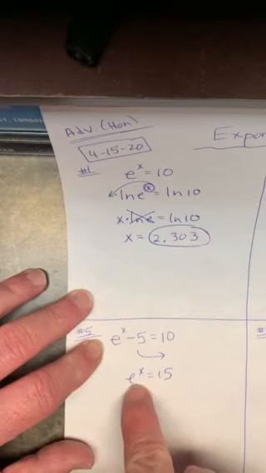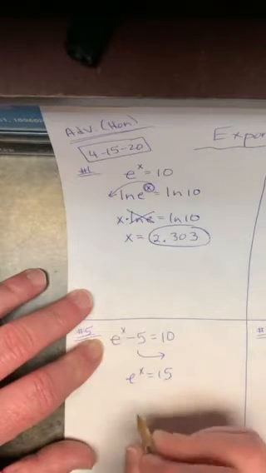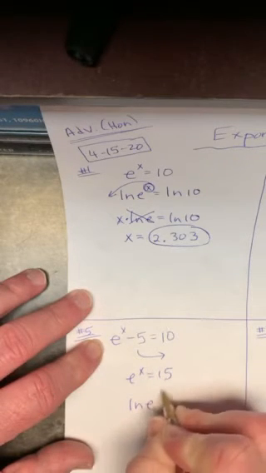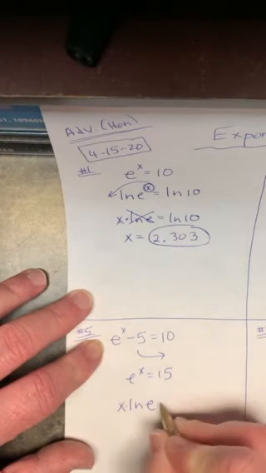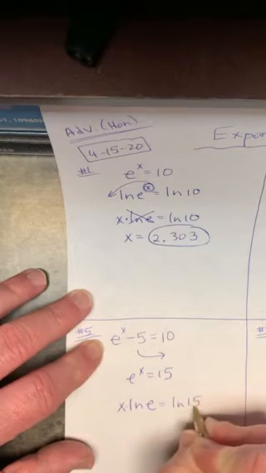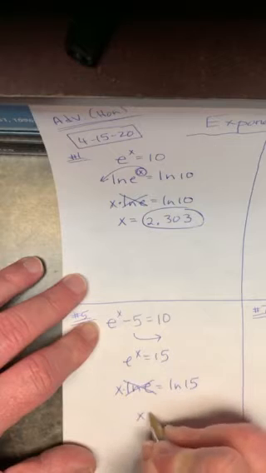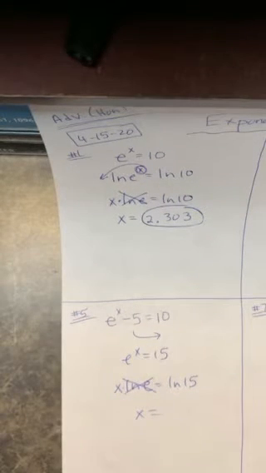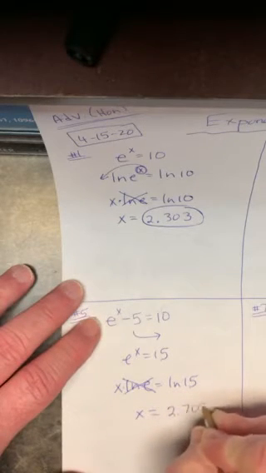Again, because I see it's a base of e, I'm natural logging both sides. So ln of e to the x power, I'll take that power and move it out front, equals ln 15. I natural logged both sides. The ln e is ignored because it's a 1. And all I'm doing on this one is typing in ln 15, hitting enter, and my calculator says 2.708.